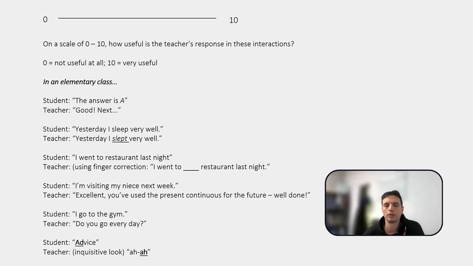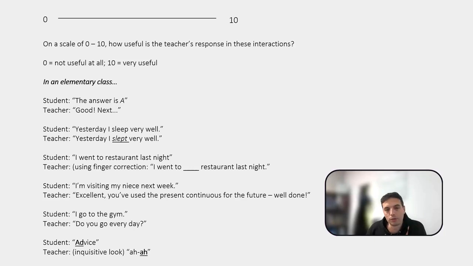But if we assume that these answers are coming from feedback to a major stage, the teacher saying good, next is not really digging deep enough into what the answer is and why the answer is what it is. If the student says that the answer is A, they might have got lucky, they might have guessed, and might not know why the answer is A. The other students might not be clear on why the answer is A. And so good, next doesn't really dig deep in any way. So that is not so helpful.